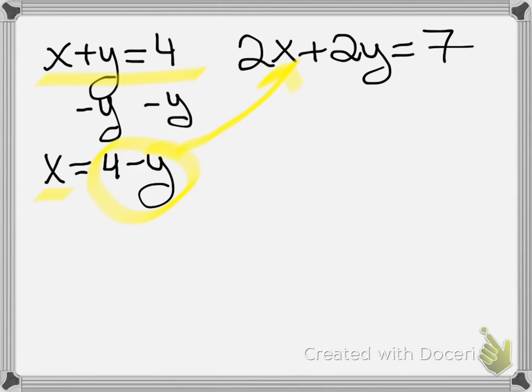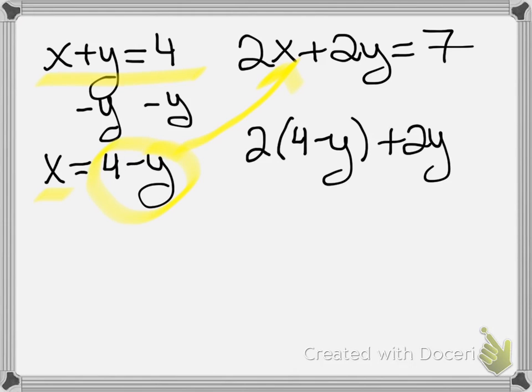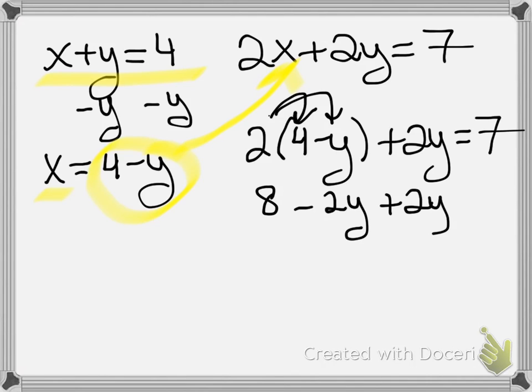So we're substituting for our second step. We have 2 times 4 minus y plus 2y is equal to 7. Continuing to solve, we have to distribute, so we get 8 minus 2y plus 2y is equal to 7.